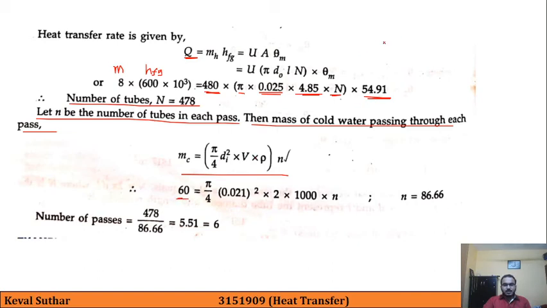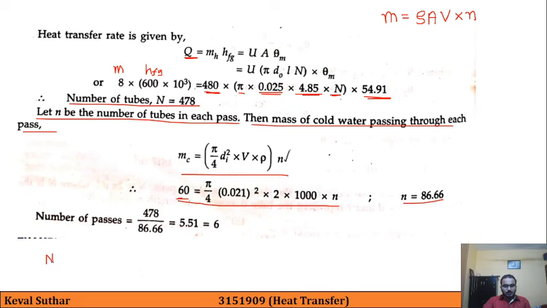This is the formula which is used, m is equal to rho A V, and as N is the total number of tubes in each pass, we multiply n, and once we put that value over here we can get the value of n, that is the number of tubes in each pass.